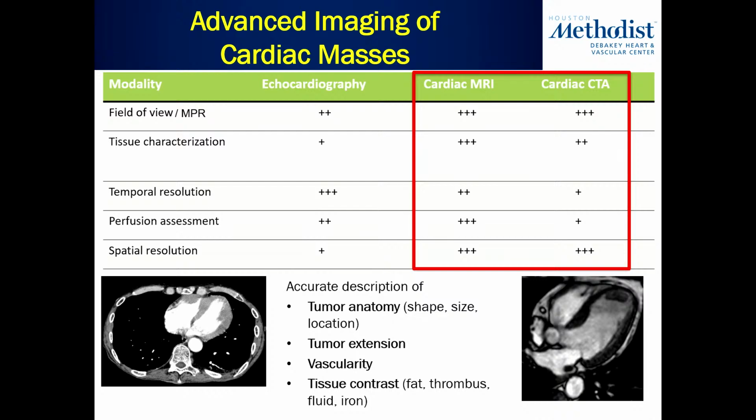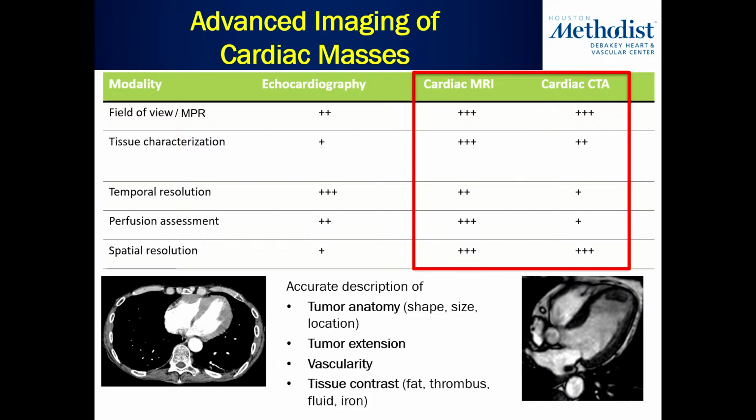MR is better than CT; the real difference with advanced imaging is the ability to do tissue characterization. All of these strengths really allow you to visualize the lesion in great detail and to describe well what you are seeing.